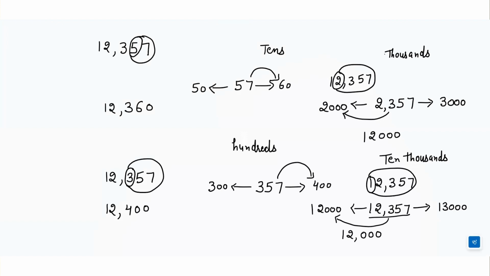Now let's take another example. 199,999. Suppose this is the example and I have to round off to the nearest tens place. Now, when I have to round off to the nearest tens place, I will see this number 9 and along with it, I will see here the next digit to it, which is 9.